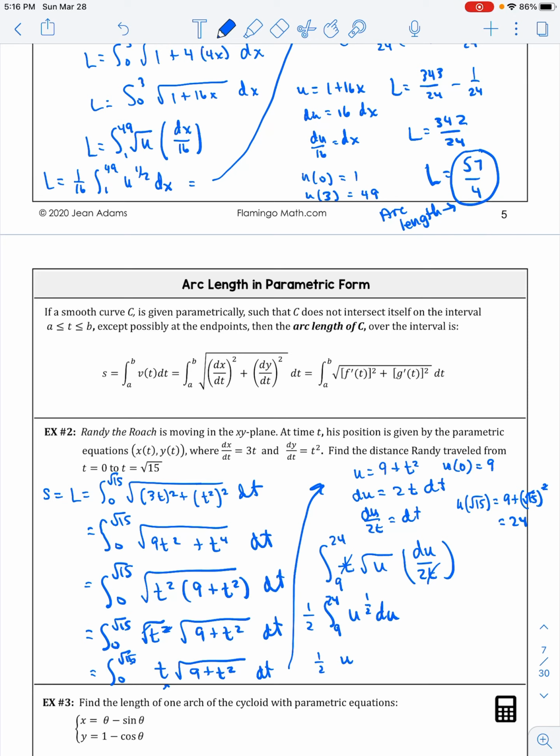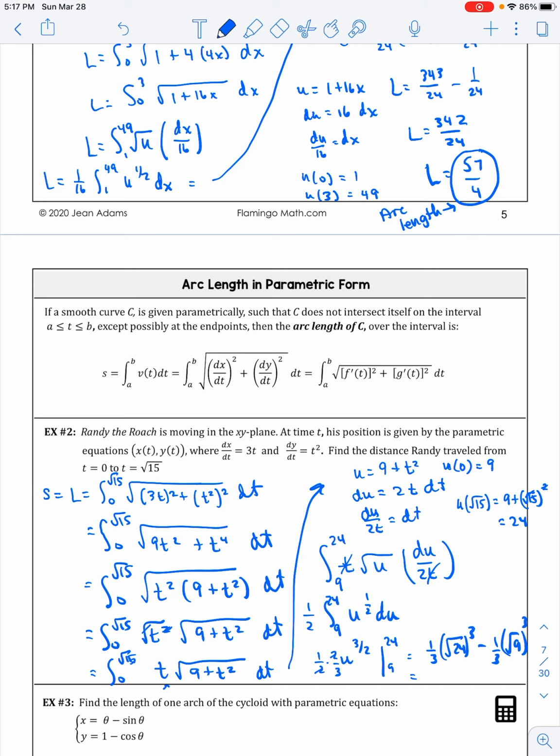So I've got 1/2, and then I have u to the 1/2 plus 2/2, so that's to the 3/2, and then divide by 3/2 is multiplication by 2/3. And the 2's cancel. So now we end up with 1/3 times the square root of 24 to the 3rd power minus 1/3 times the square root of 9 to the 3rd power.